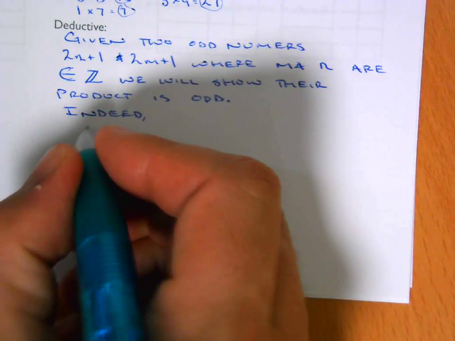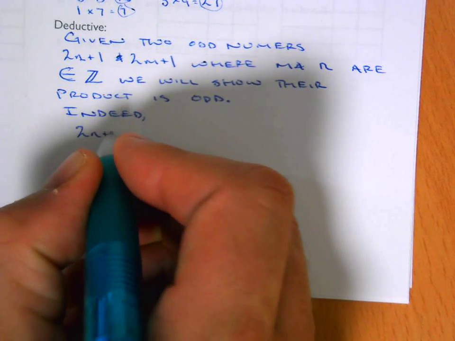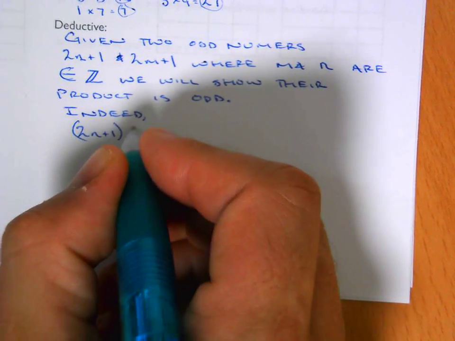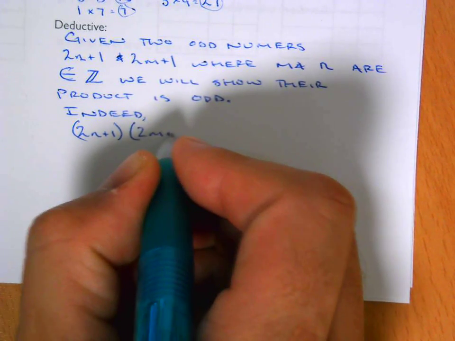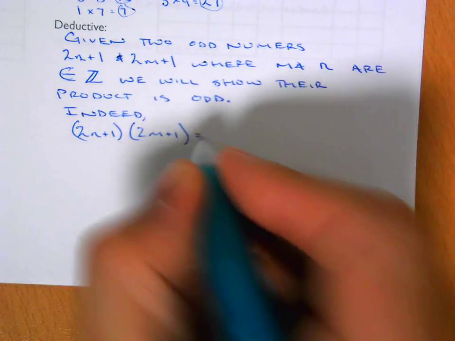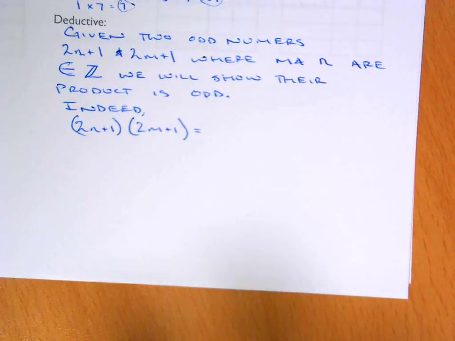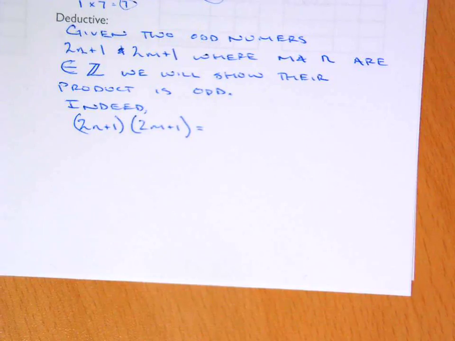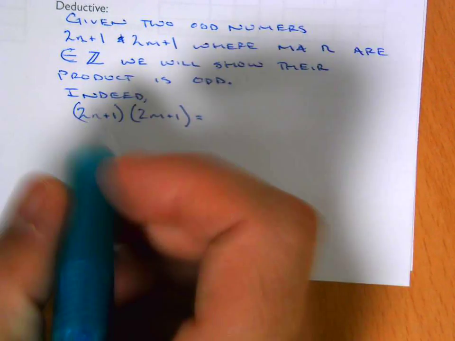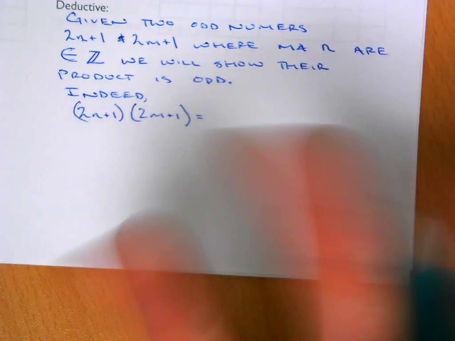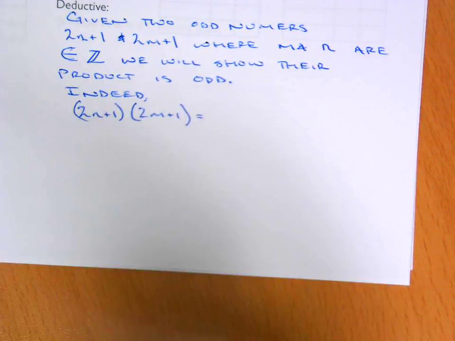Okay, so we're going to say 2n plus 1 times 2m plus 1. And our mission here is to turn this into another odd number, 2 times something plus 1. So I'm just going to do the FOIL thing, the multiplying of two binomials.